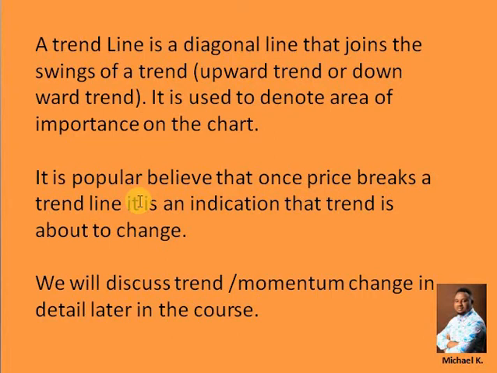Now, when you have an upward trend or a downward trend, in order to mark out this trend successfully so that you can identify possible pullback areas or possible areas where the price will come back to form a swing, you use a trend line to join the successive swings. I'm going to show you that in the next slide.